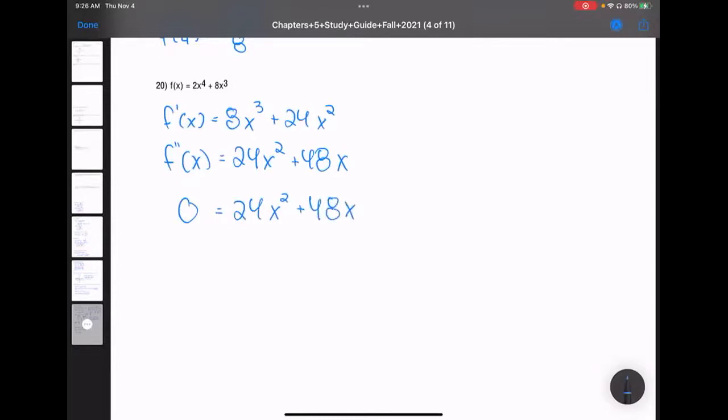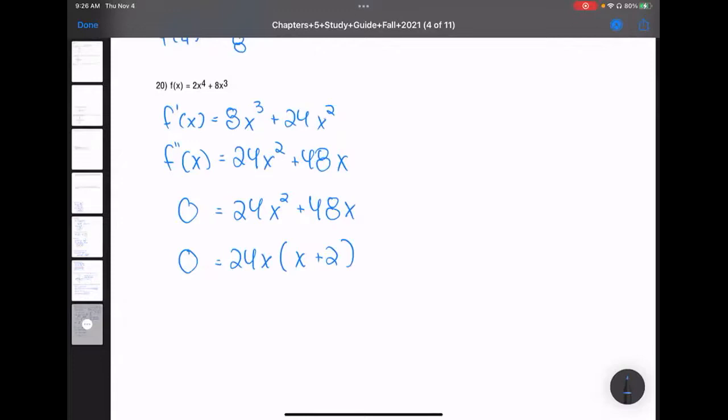And the first thing I notice that we can do is pull out a 24x, leaving an x plus 2 left behind, because 24x times 2 equals 48x, and then 24x times x equals 24x squared. And that's how I factored out that part.